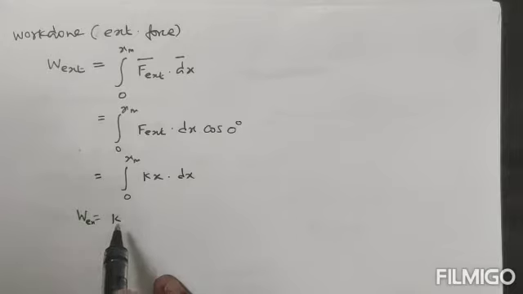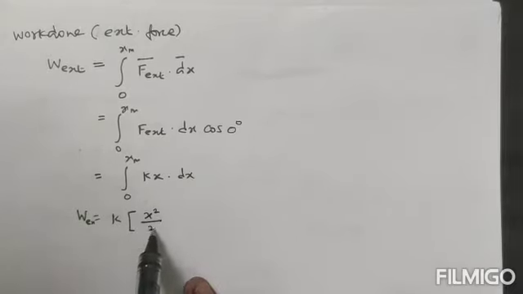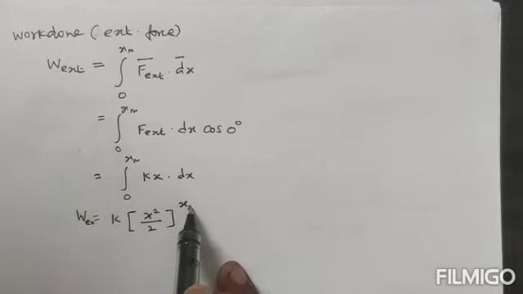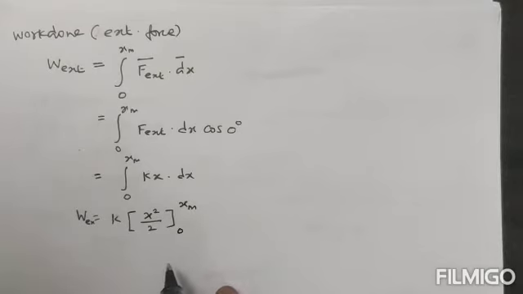k into x square divided by 2, and after integration we apply the limit, xm and 0. So now work external is equal to half into k into xm square.